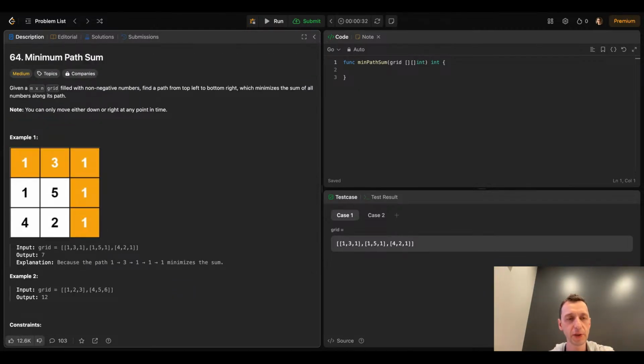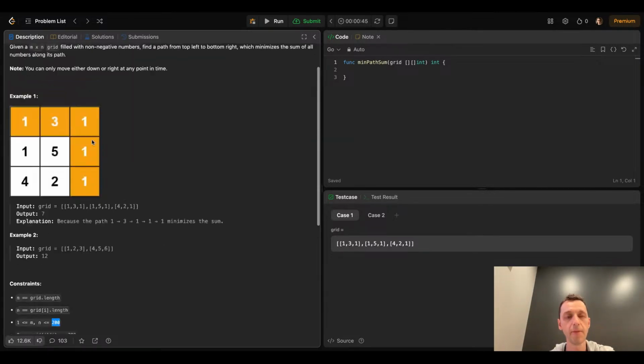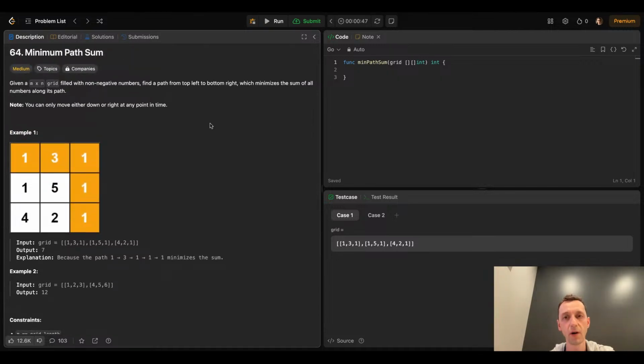So my initial thoughts were, last time I just gave it a quick glance. With the size of 200 by 200, do I know how much that is?